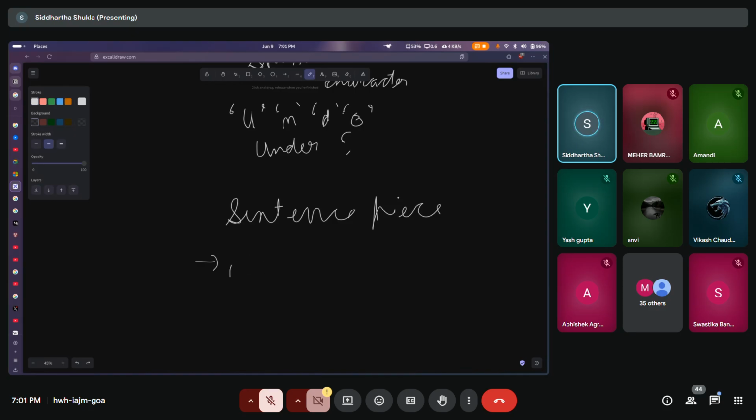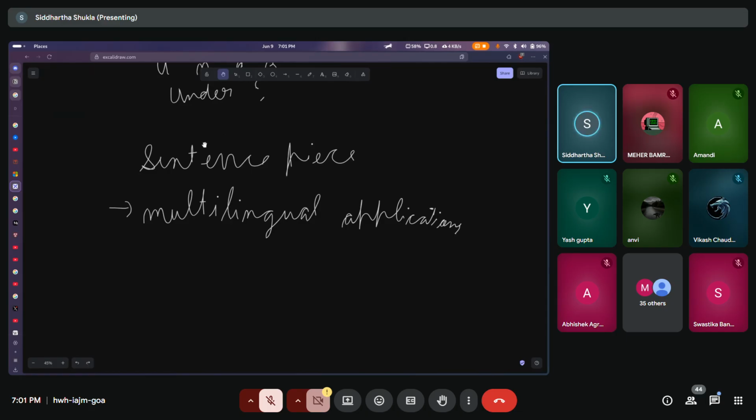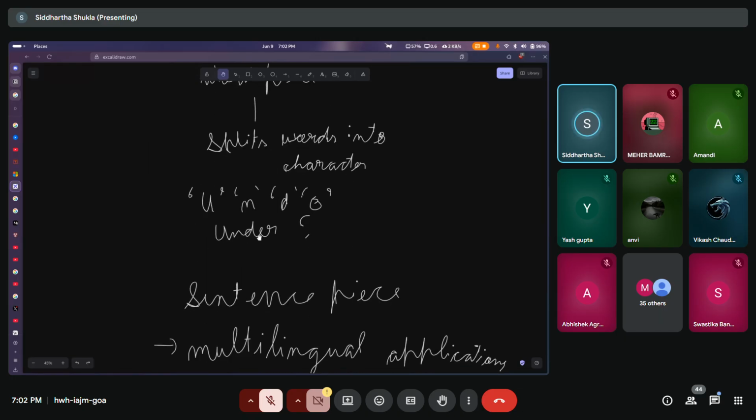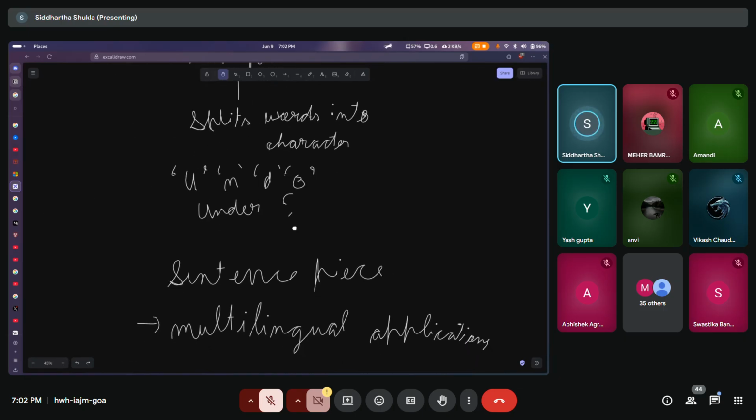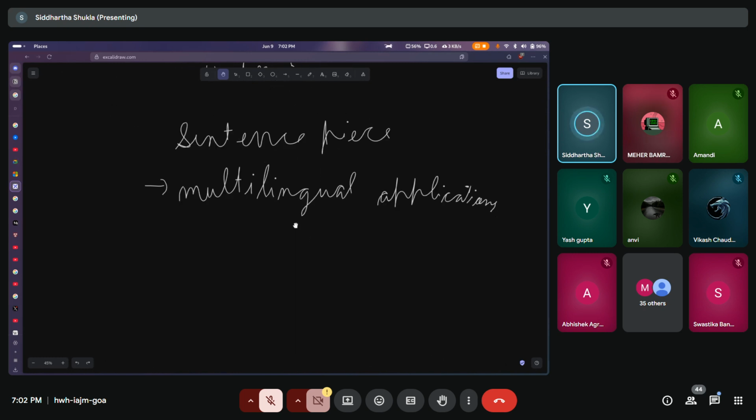SentencePiece tokenizes directly from your raw text, and it does not use pre-tokenized words like in BPE, where you're using "under", "standing", etc. It directly uses the raw text for tokenizing, and this is kind of an unsupervised text tokenizer.